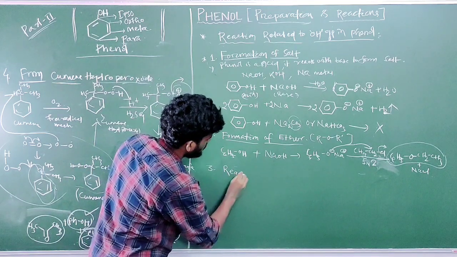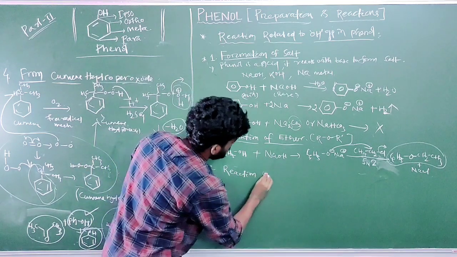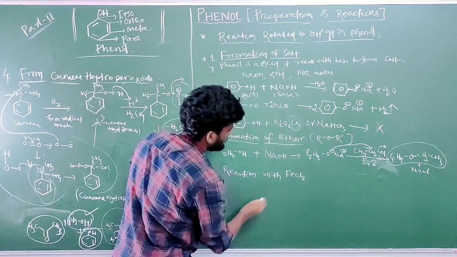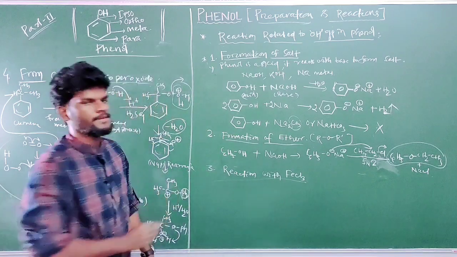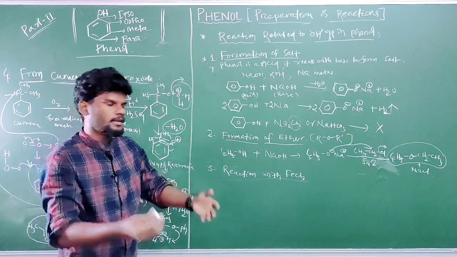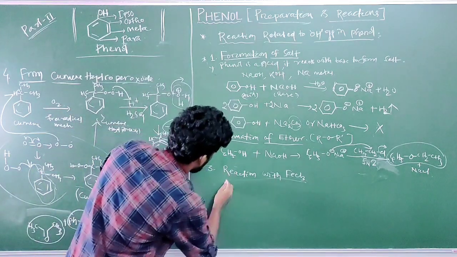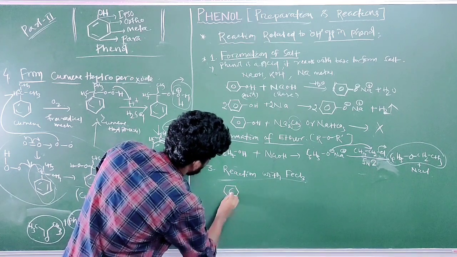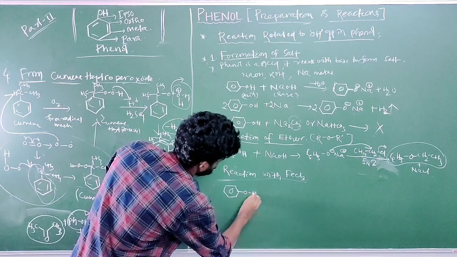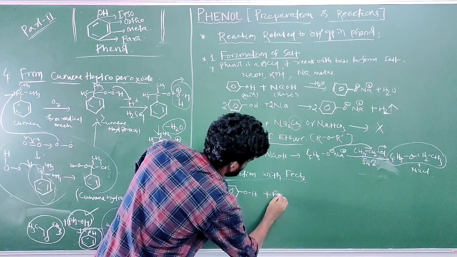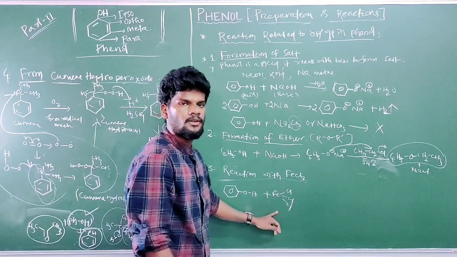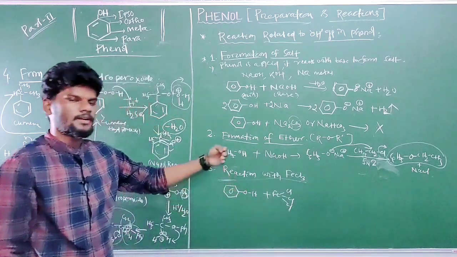Reaction with FeCl3, ferric chloride. Ferric chloride, all of you know, is a Lewis acid. It will accept electrons. So write the phenol structure here: first, the structure of phenol, with OH. FeCl3 is a Lewis acid with vacant d orbitals, so it will accept electrons.